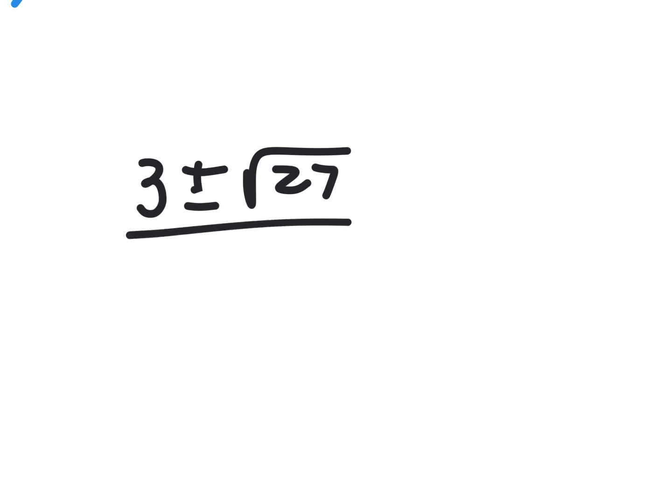The only other thing I want to mention is I'm amazed at how many kids still don't know this. 3 plus and minus the square root of 27 all over 12. That's a problem where you could get simplest radical form, where you're going to simplify it. It'll have a square root in it.